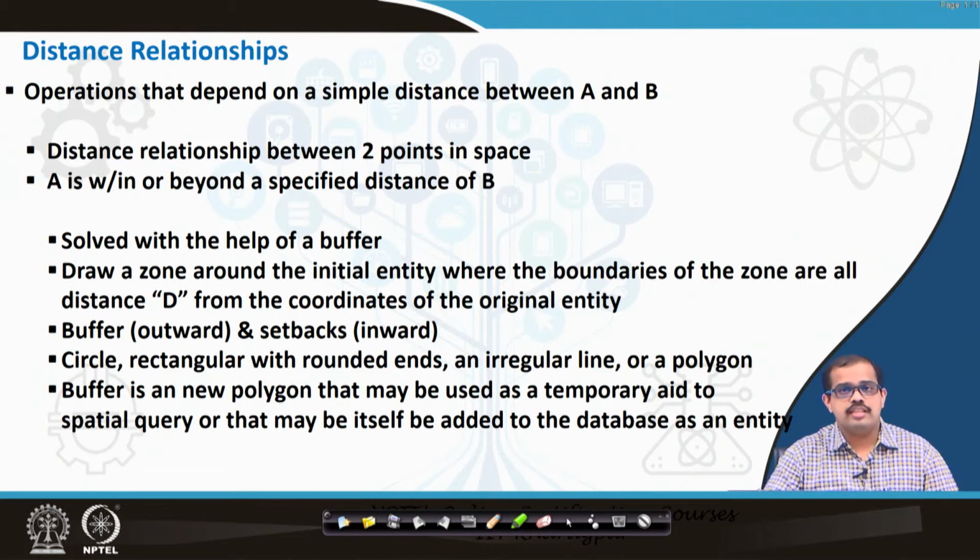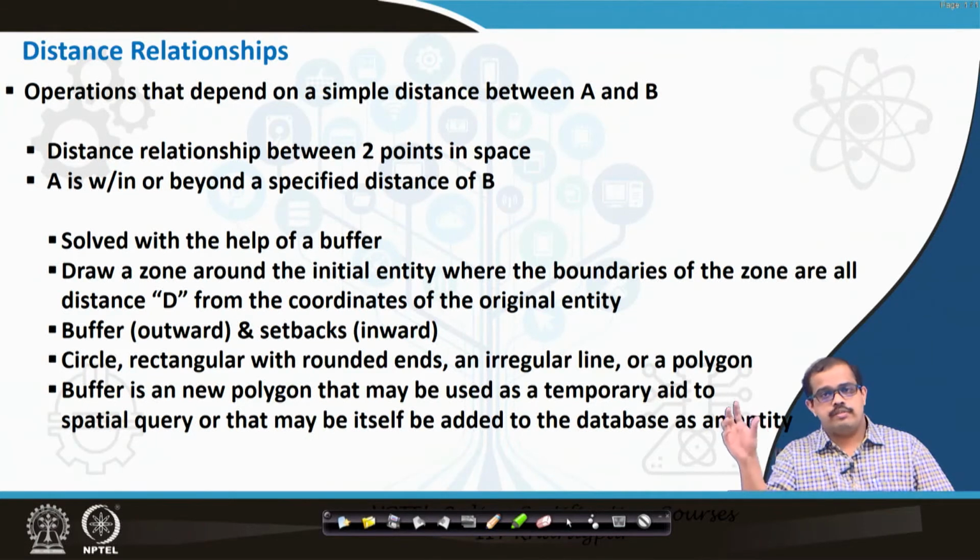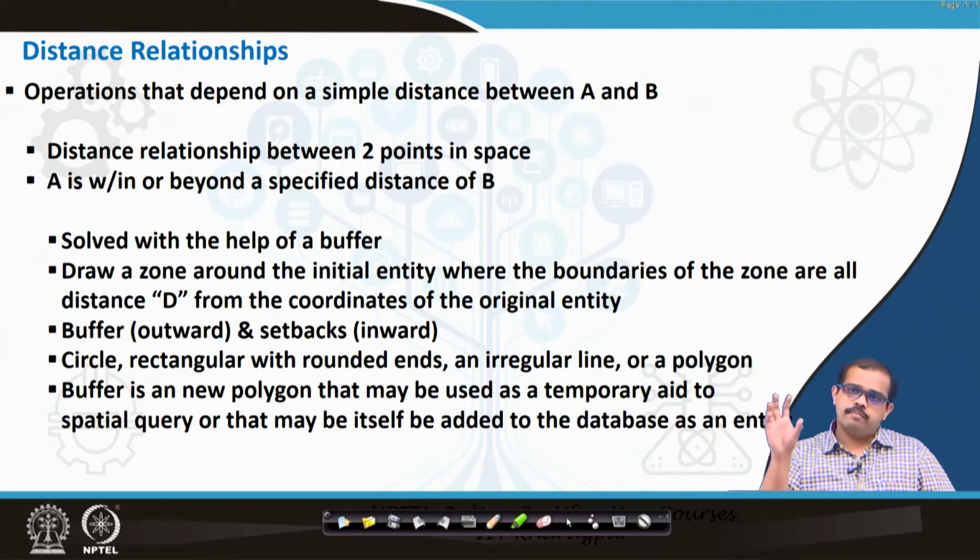The next thing is called distance relationship. Yesterday I spoke about the distance relationship, but when you are looking at it, you have operations that depend on simple distances between A and B. Let us say tomorrow you decide to develop a map of your institute. Once you develop a map of your institute, you should make it more dynamic.